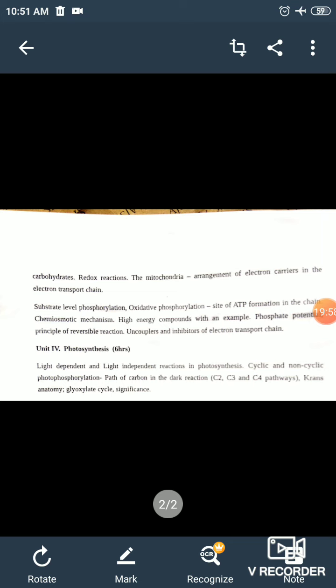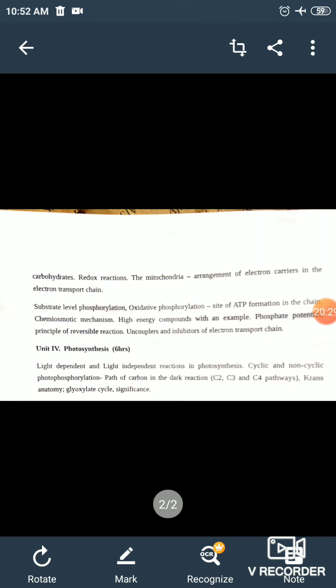Our body needs energy for different things like motor actions, that is movement, growth, that is the division of the cell, and other metabolic processes. To obtain this energy, we require high energy compounds, basically ATP.